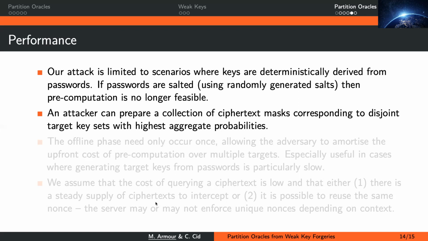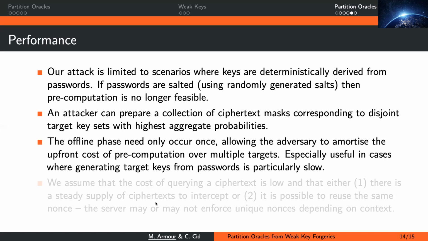What I mean by that is you can create a ciphertext mask corresponding to all of the keys that are based on the most likely passwords. That would be your first one. And then your second ciphertext mask would be the set of the next most likely passwords.